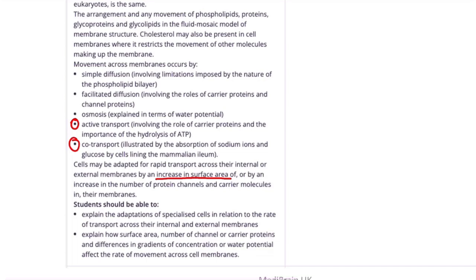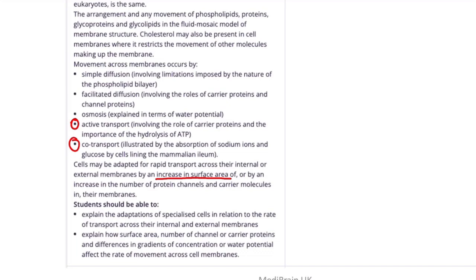And in certain places, you can have more protein channels and more carrier molecules. Because you have more protein channels and carrier molecules, none of the sites will be occupied. And if none of them are occupied, then absorption can keep taking place across the membrane.